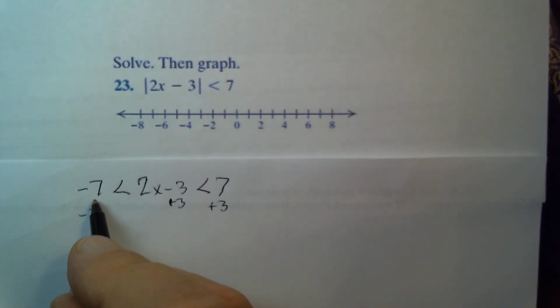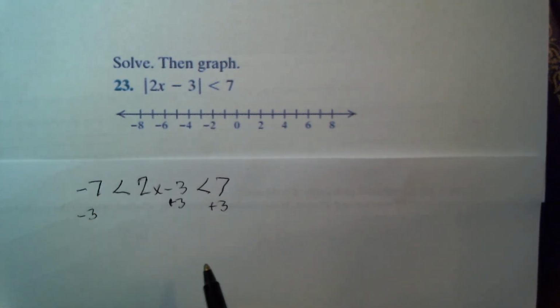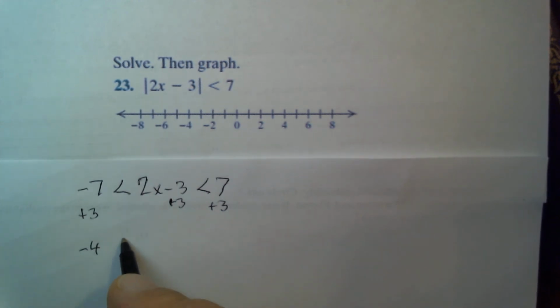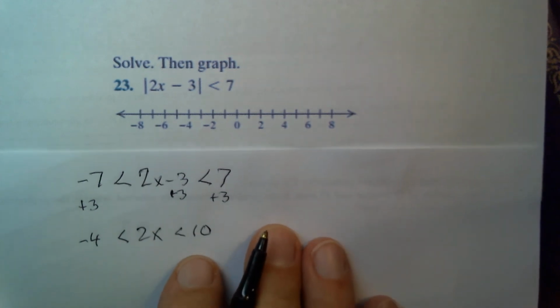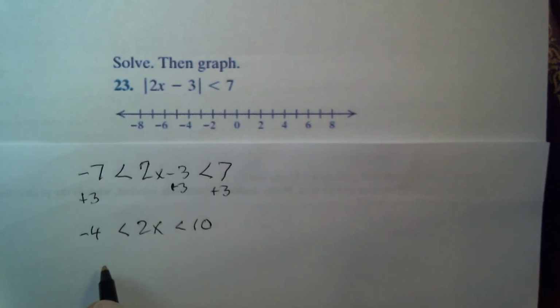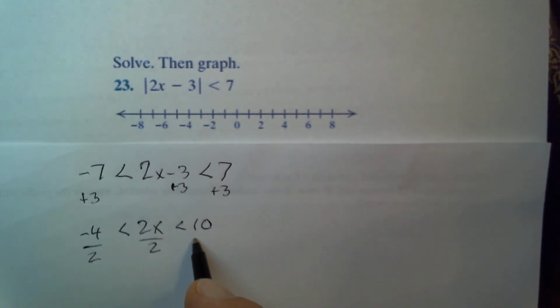So minus 7 plus 3 is minus 4, less than 2x, and 7 plus 3 is 10. We divide each part of the compound inequality by 2 to isolate the variable x.